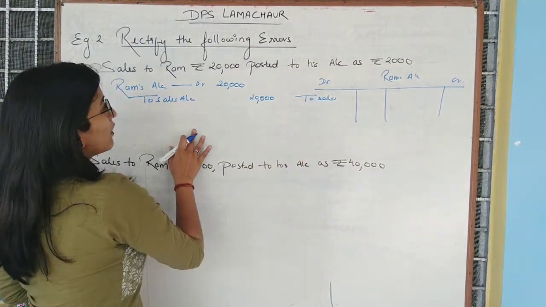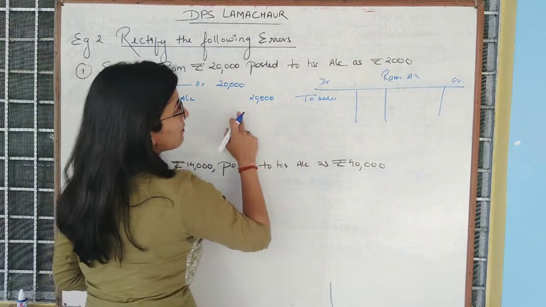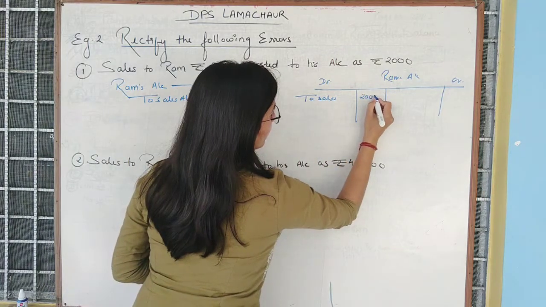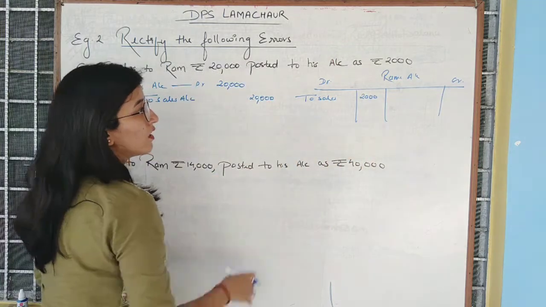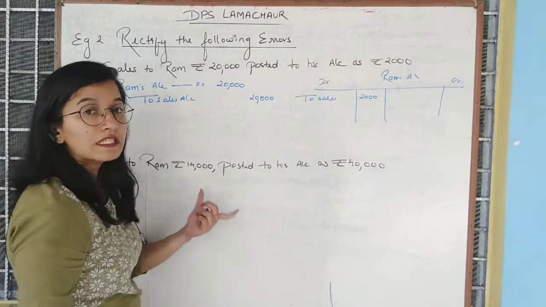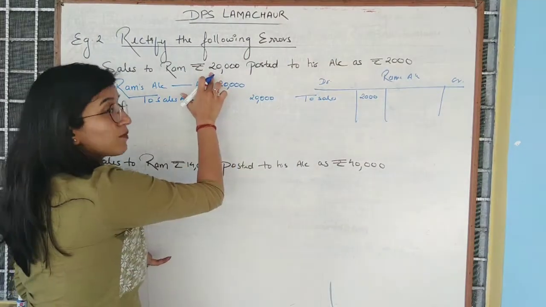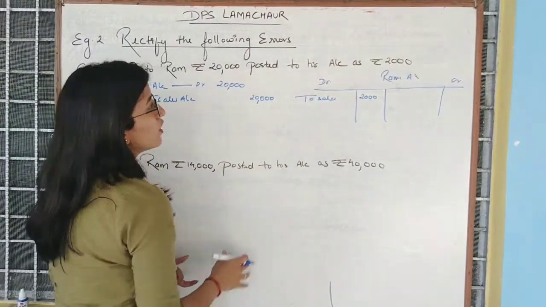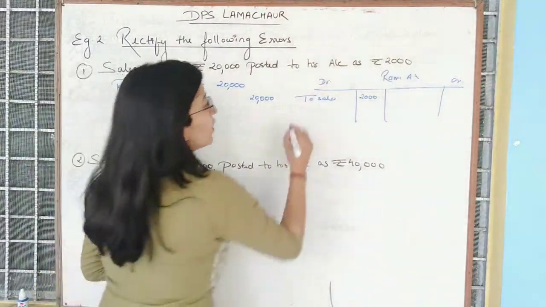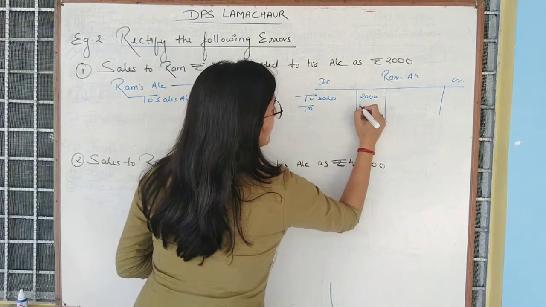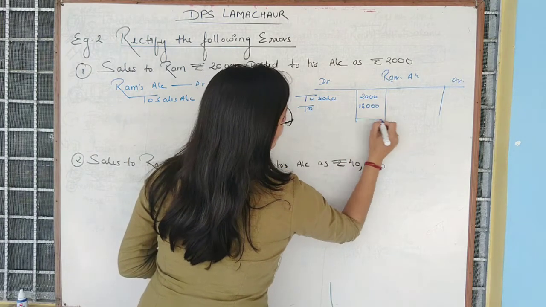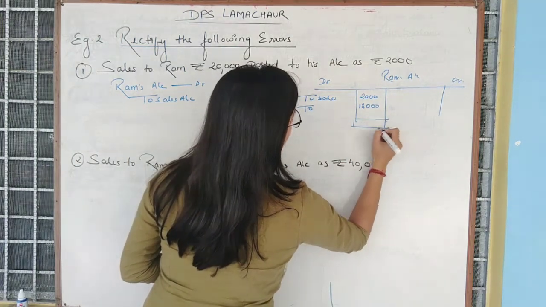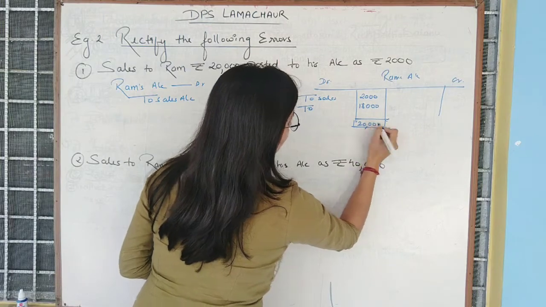Now, the amount should be 20,000, but only 2,000 has been recorded. So there is an error of 18,000 because 20,000 was supposed to be posted, but only 2,000 has been posted to Ram's account. So to rectify this error, we will debit the amount 18,000. So here total of debit side will be 20,000.